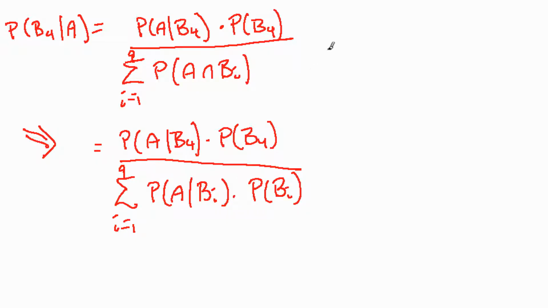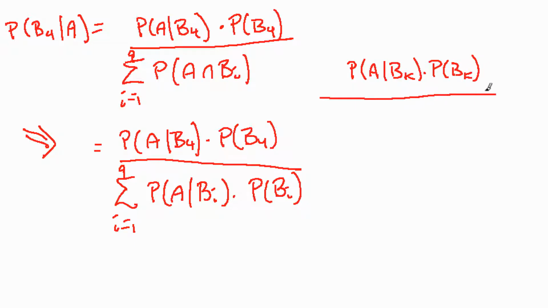And I say something like the following. I say that P of A given B sub k times P of B sub k, all divided by the summation from I goes from 1 up to n.